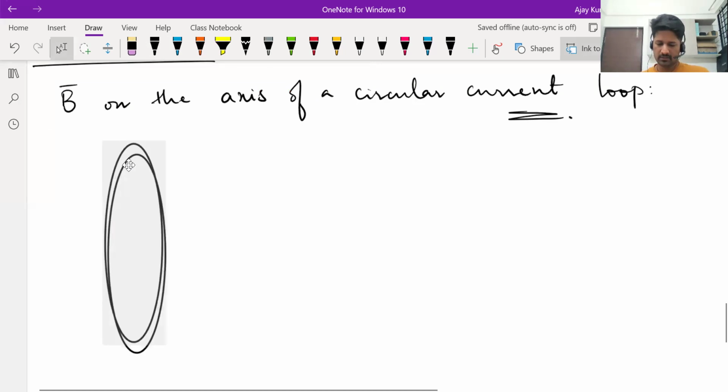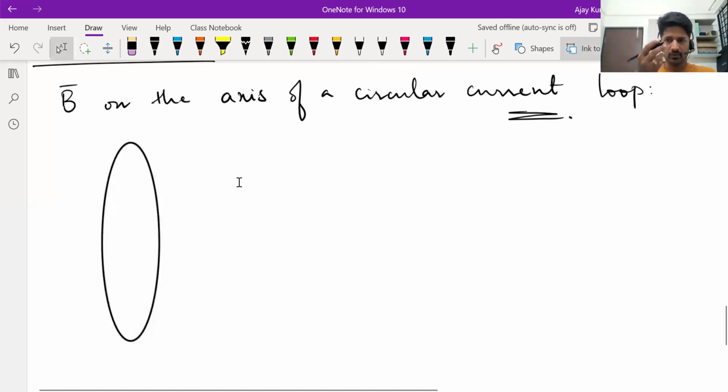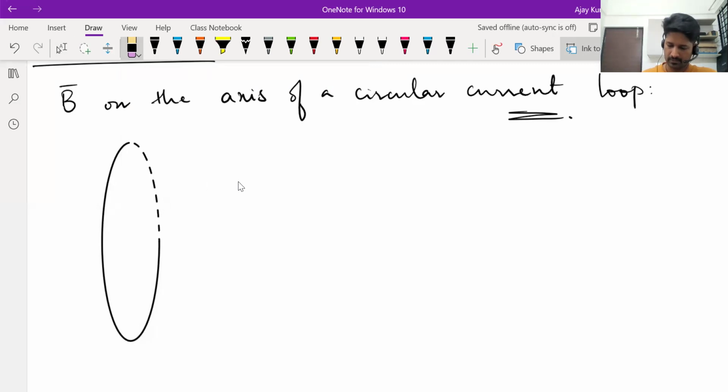The loop is perpendicular to your screen, so half the loop will be outside the screen and half the loop will be behind. The part which is behind, I'll show in dotted line. And we have to find out the magnetic field that it produces at some point on its axis.